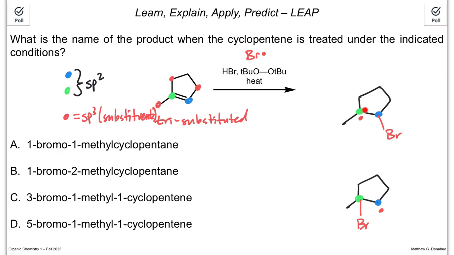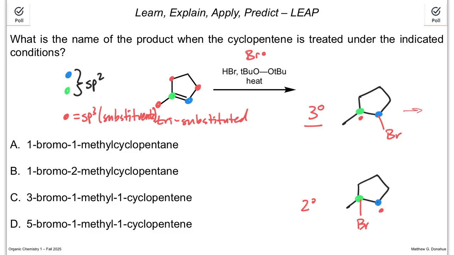So this one with the green has 1, 2, 3, so that's a tertiary radical. The one in blue has 1, 2. So on the stability trend, the tertiary one is going to be preferentially formed.